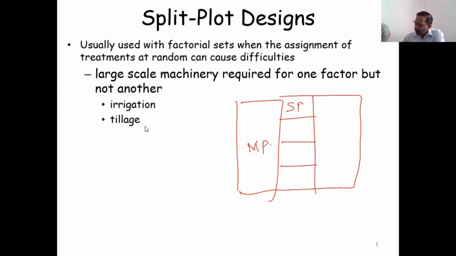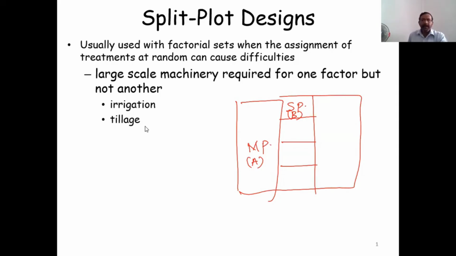This is subplot. Why is it that factor A needs the main plot or the large plot, and factor B needs the subplot? What is the reason behind it? Why in practice do we need a different plot size?